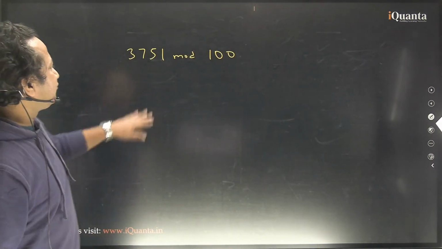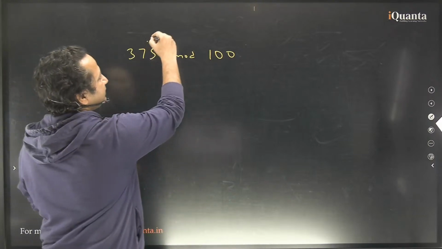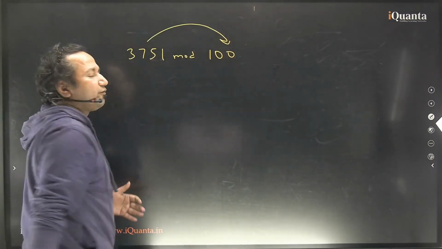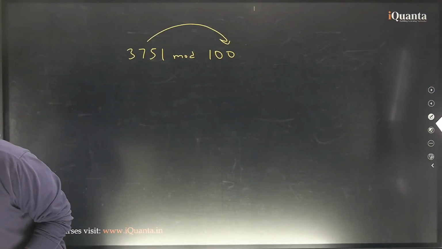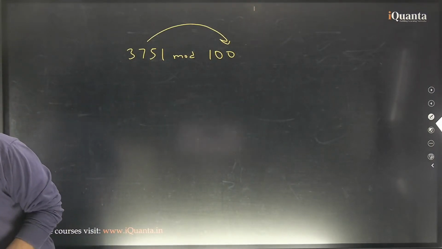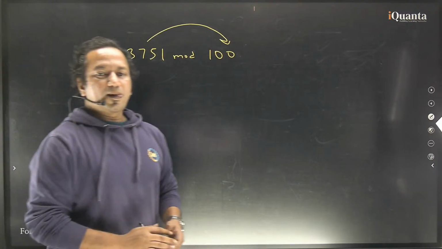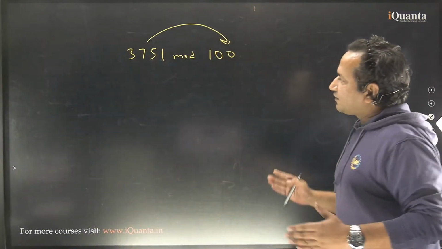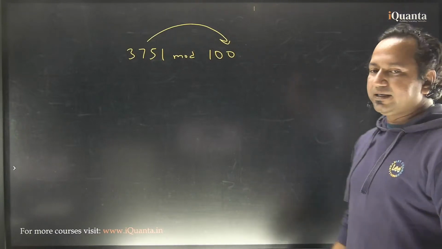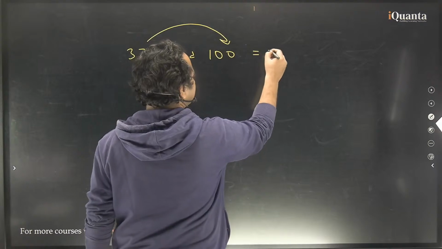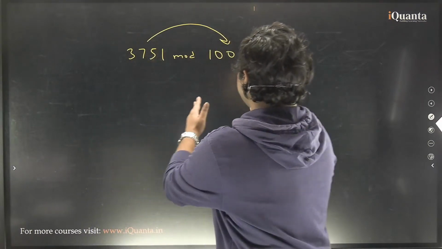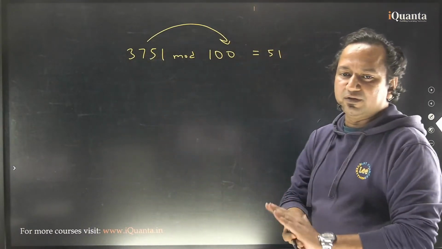So it means we have to find the remainder when 3751 is divided by 100. What will be the remainder? Tell me, come on. It's very simple. If 3751 is divided by 100, what is the remainder? It'll be equal to 51, isn't it? Like 100, 37 times is 3700 and we get 51.